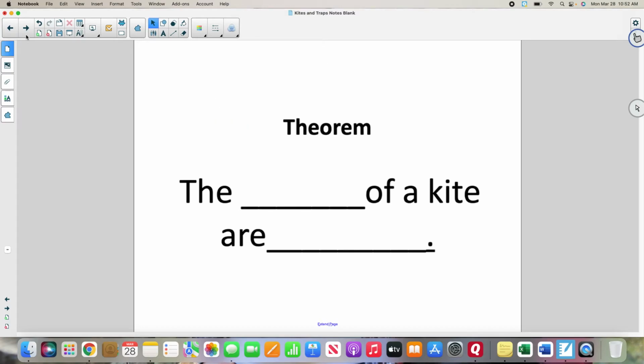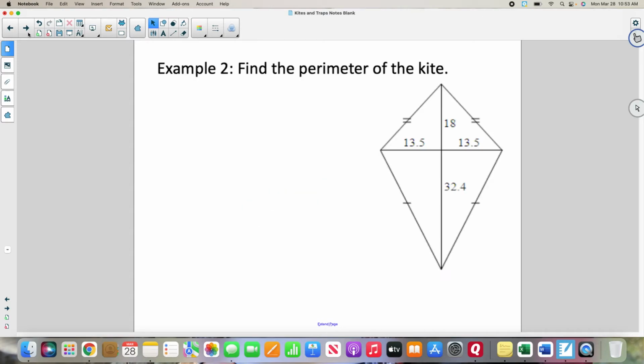The diagonals of a kite are perpendicular. When I look at this kite, I should know that this is a right angle.